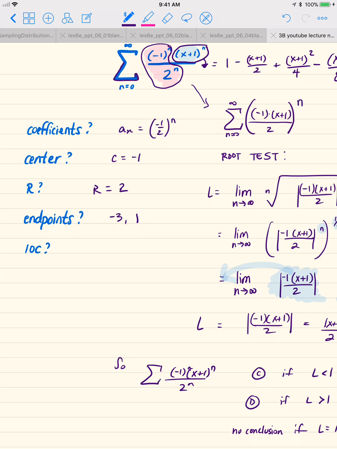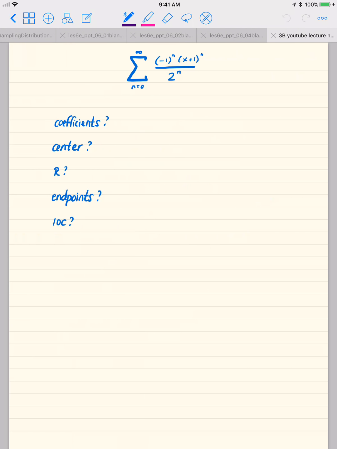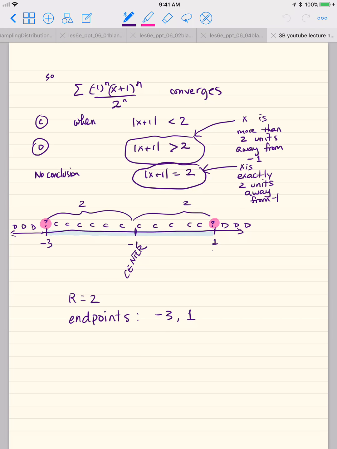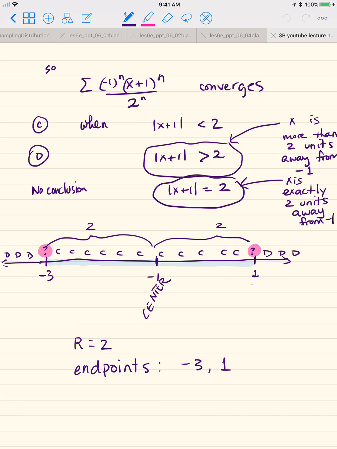So to determine the interval of convergence, remember we've only got 4 options, right? We should have converge, converge, or converge, diverge, or diverge, diverge, or diverge, converge, right?